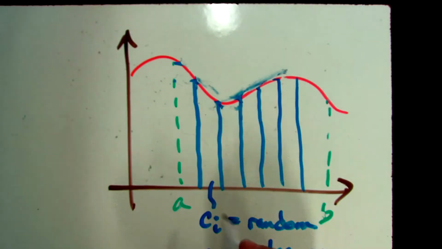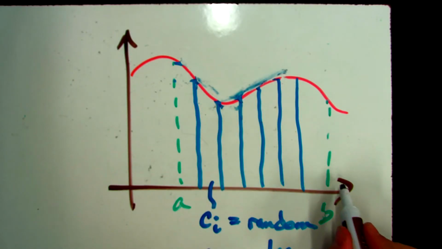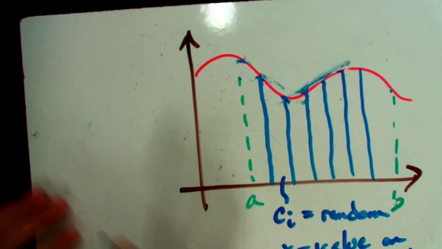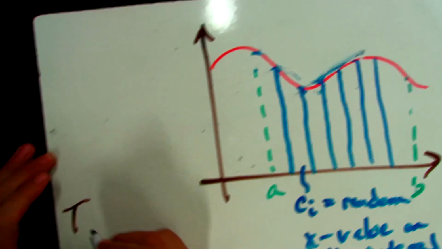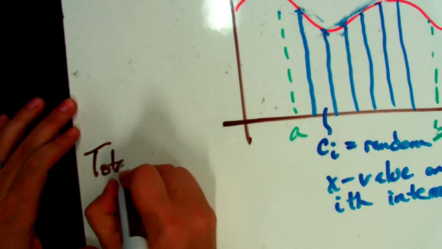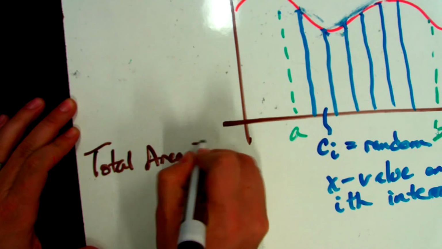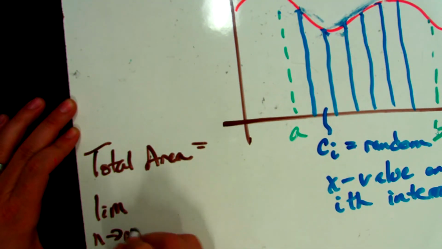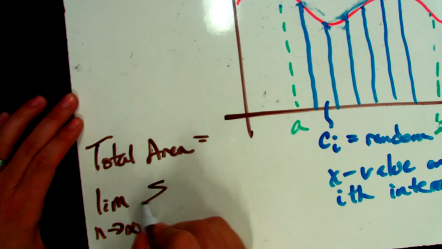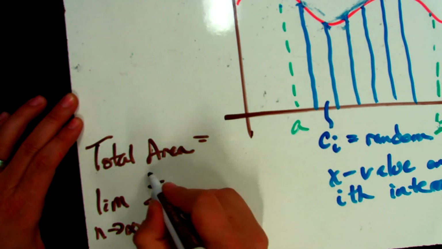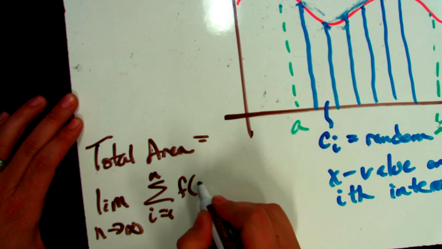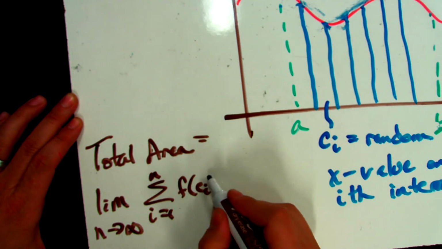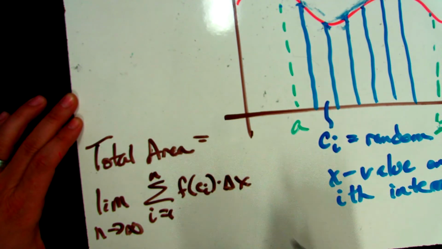We're making an infinite number of these rectangles. The total area is going to be the limit as n goes to infinity of that sum that I just talked about, from i equals 1 to n of f of c sub i times delta x.